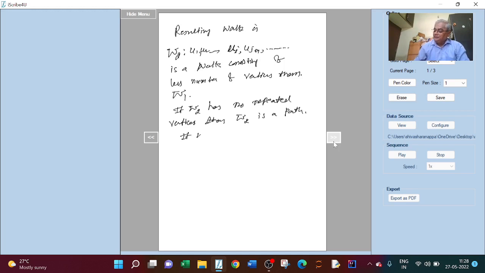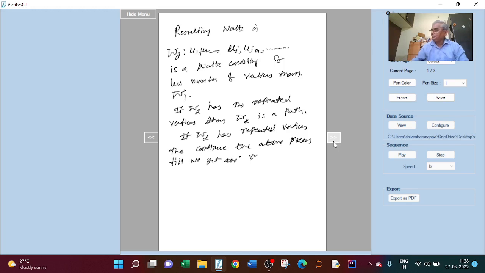And if W2 has repeated vertices, then continue the above process of deleting the vertices and edges between the same vertices, till we get the required path.